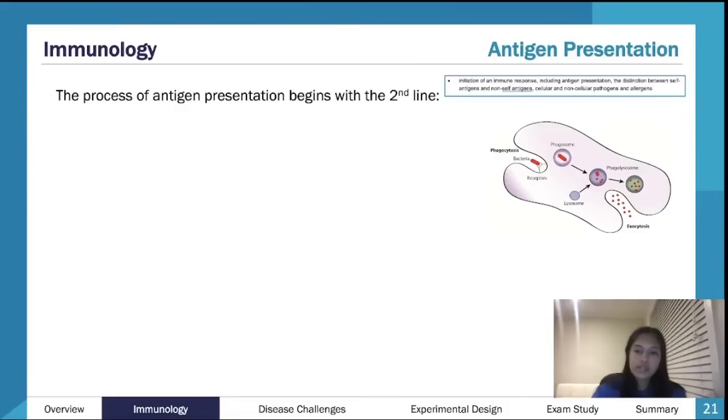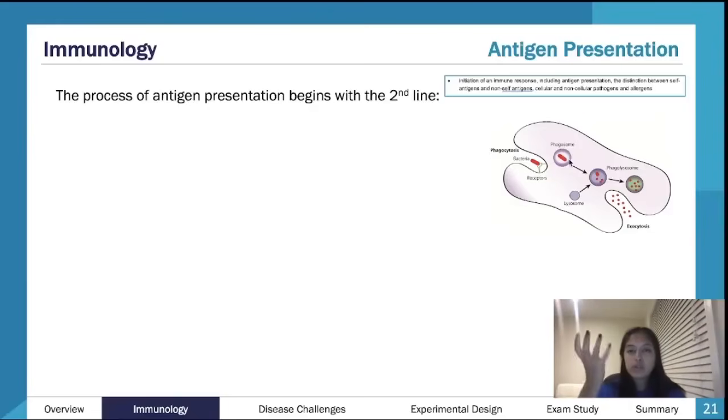Okay, so this process of phagocytosis can be seen in this diagram here. You've got your bacteria pathogen, it comes in, and it gets absorbed into this little vesicle called a phagosome. Your phagosome then fuses with this other vesicle called a lysosome. In that lysosome, you've got all of these lysozymes, these enzymes that are involved with degrading things and chopping them up basically.